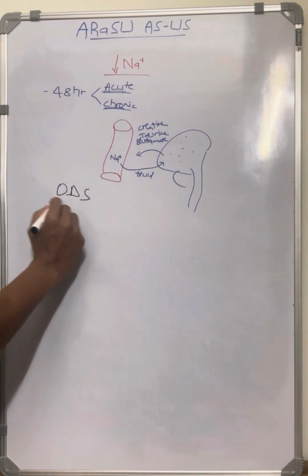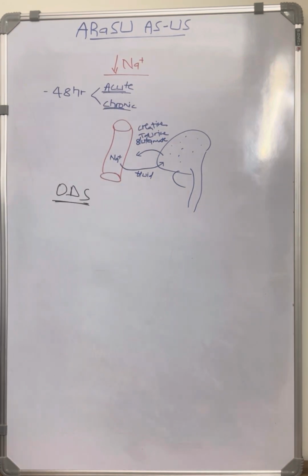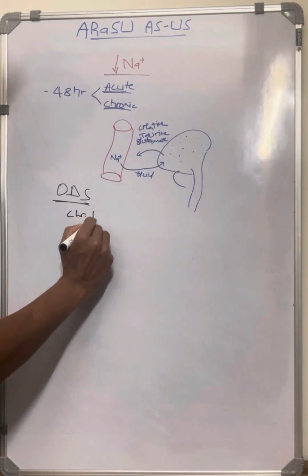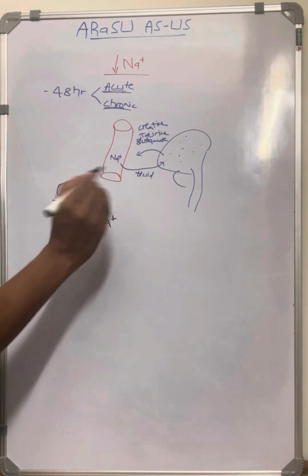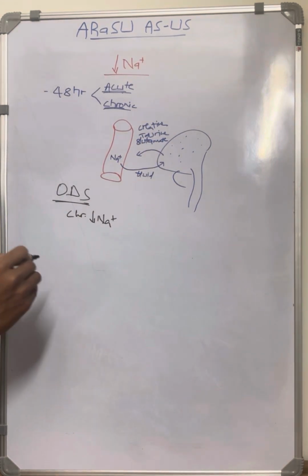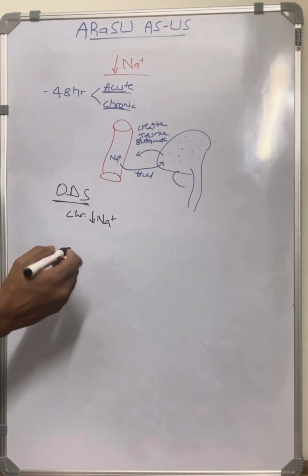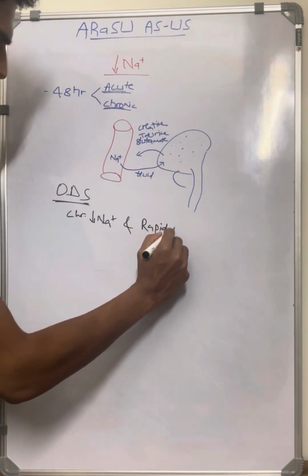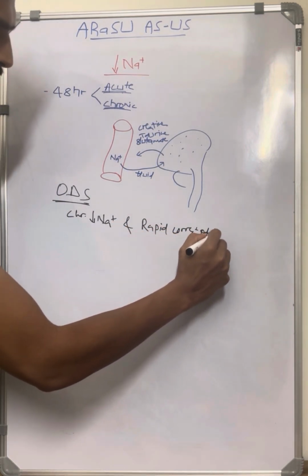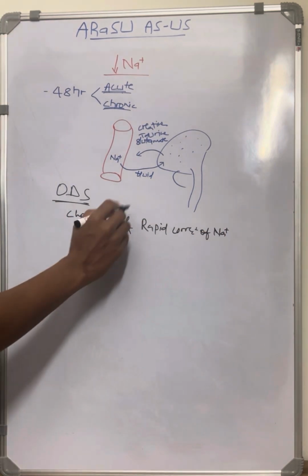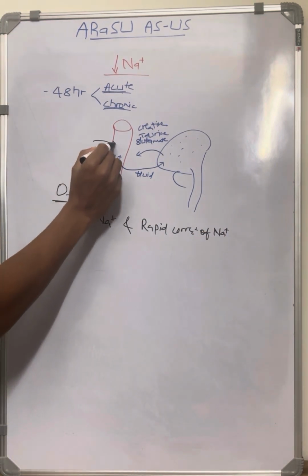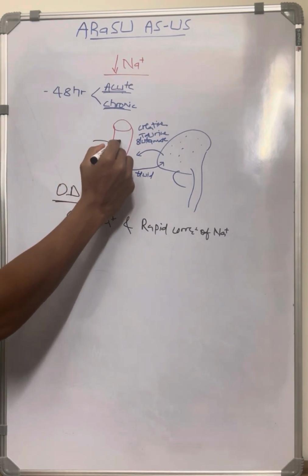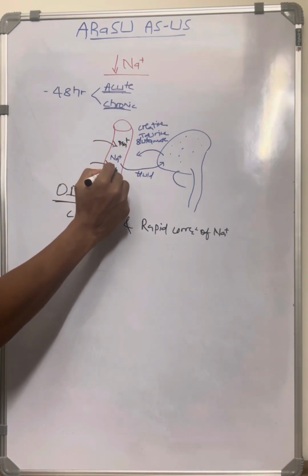Osmotic demyelination syndrome. So when there is chronic hyponatremia, that is, all these changes have already occurred, but we are correcting the sodium very rapidly, that is, we are supplementing sodium iatrogenically, sodium levels will increase here.